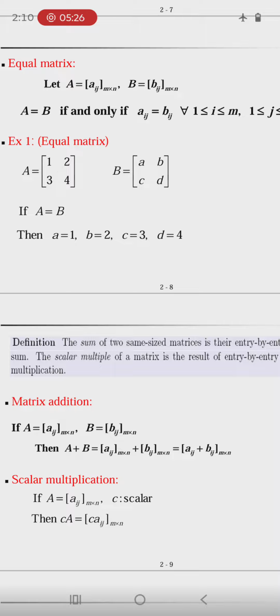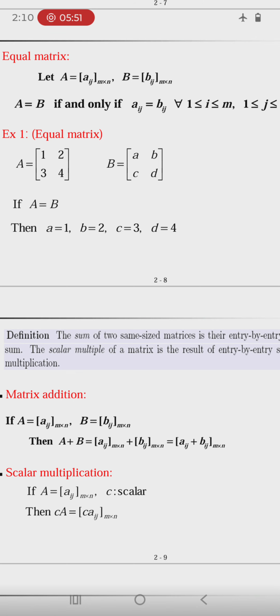Next, the A matrix second element is 2, and the B matrix first row, second column element is b. Then b equals 2, then c equals 3 and d equals 4. Then the two matrices are equal, as all the entry values are equal.